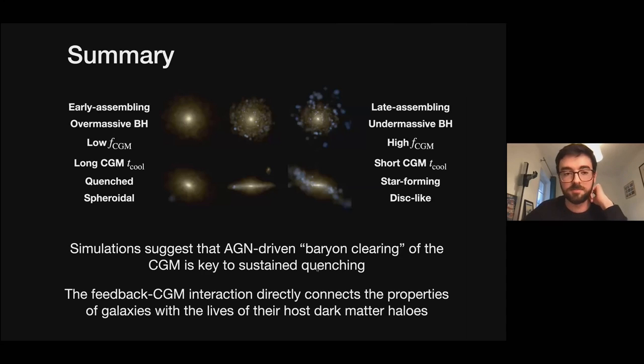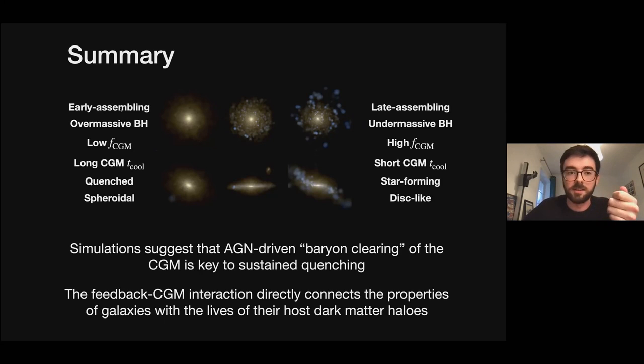So I think I've probably had my time, but I'll just wrap up by returning to this whole idea of connecting the fundamental intrinsic properties of halos to quenching through this baryon clearing, and just kind of reel off this whole connection here using these nice images of those genetically modified galaxies as a guide.